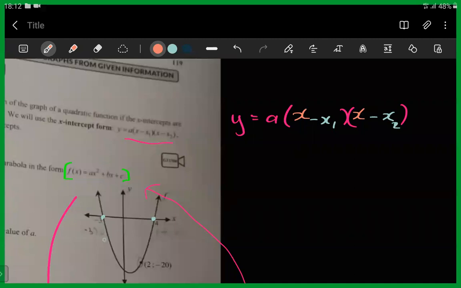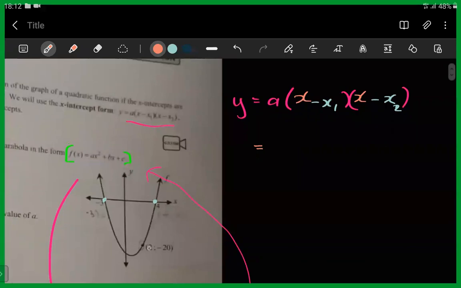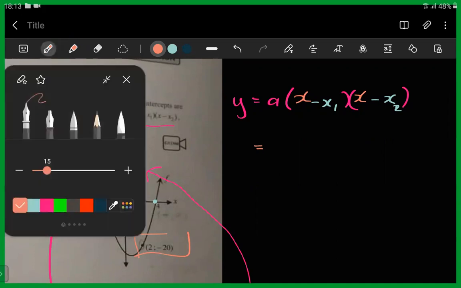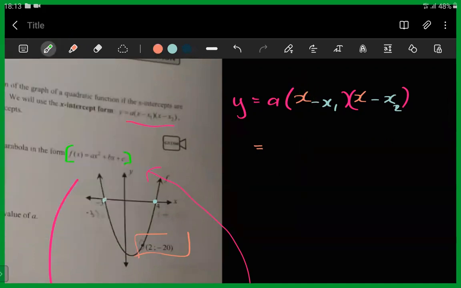So with this particular example, if you were to find the equation of the graph, you see there's a reason why they've also given you one extra point. This one extra point is so that you have information that you can put where x is and where y is.